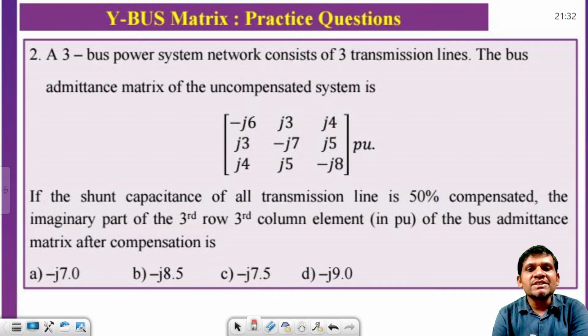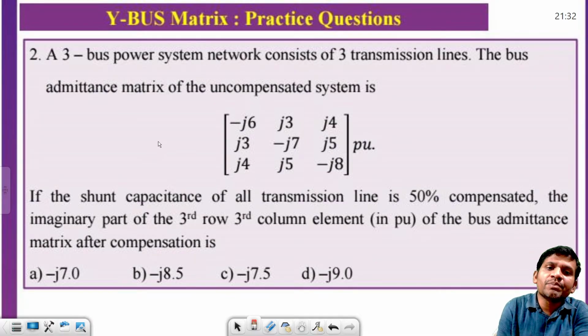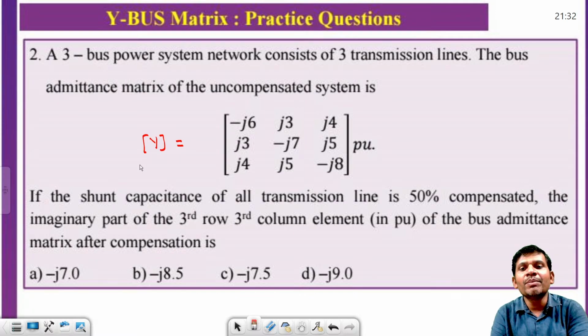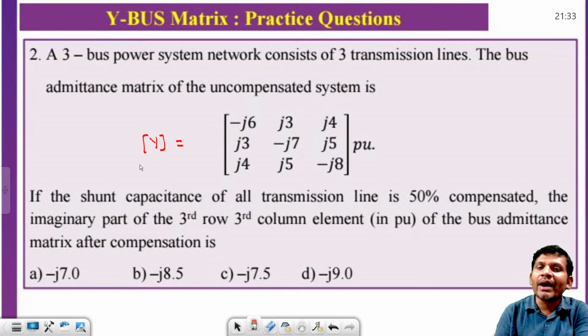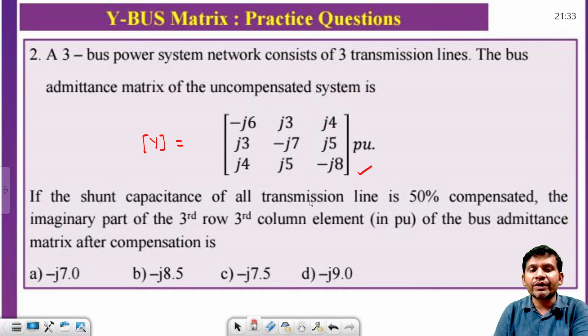A 3-bus power system network consisting of 3 transmission lines. The bus admittance matrix of the uncompensated system is: minus j6 plus j3 plus j4, minus j6, j3, j4, j3 minus j7, j5, j4, j5 minus j8 per unit.